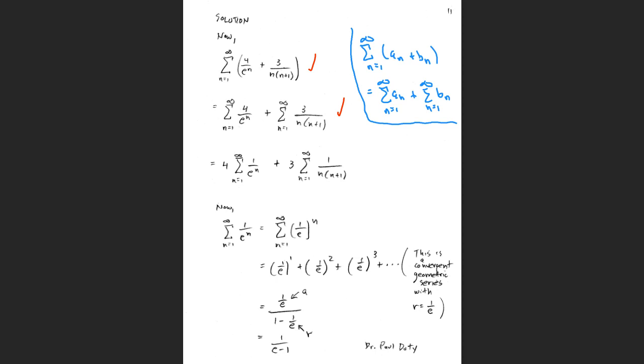Okay, and then we know that constants like the 4 here can be brought out in front of the summation. And the 3 on the second summation can be brought out in front of that summation. So that gets us down to here. Take a look at it.